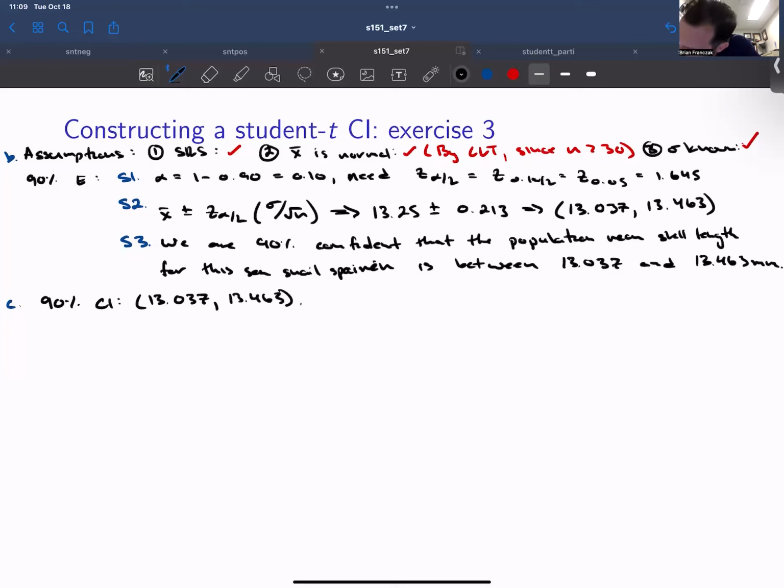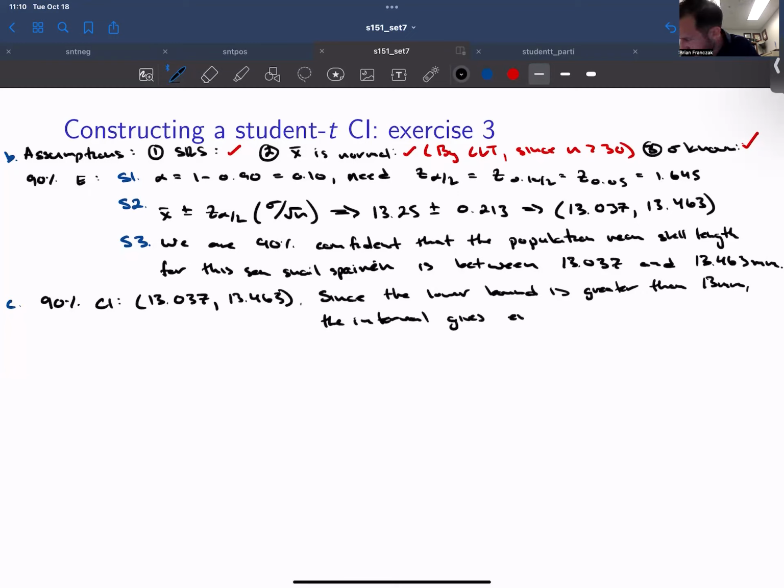What we can say here is since the lower bound is greater than 13 millimeters, the interval gives evidence that shell length is greater than 13 millimeters.